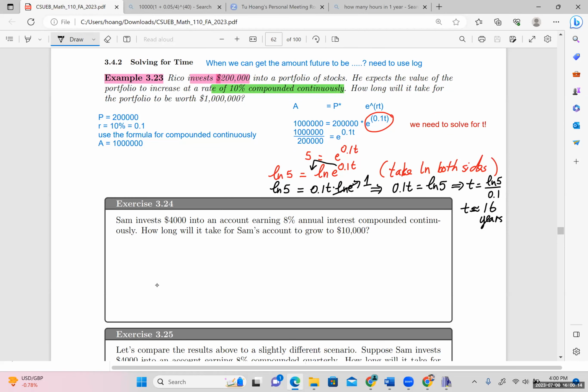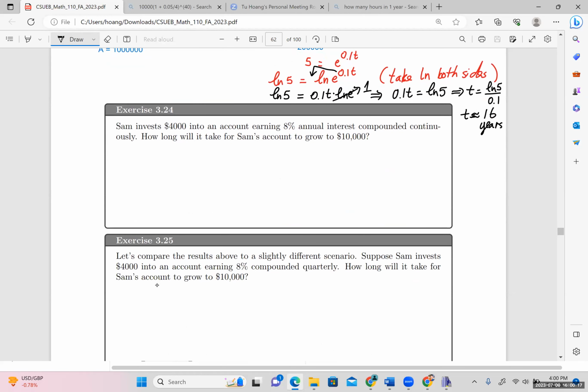I would like you to work on 3.23 and compare with my answer.